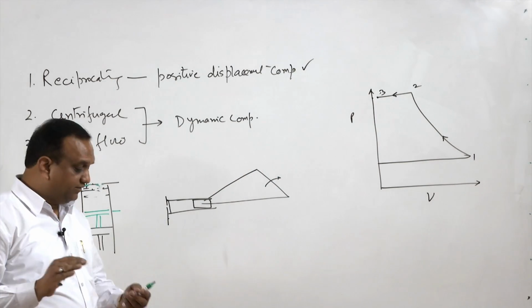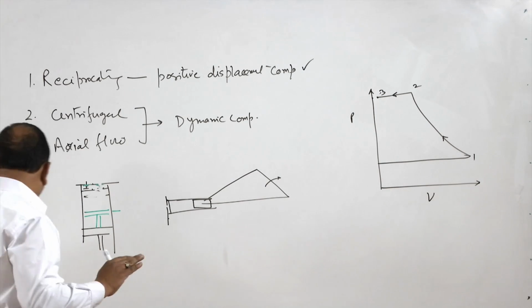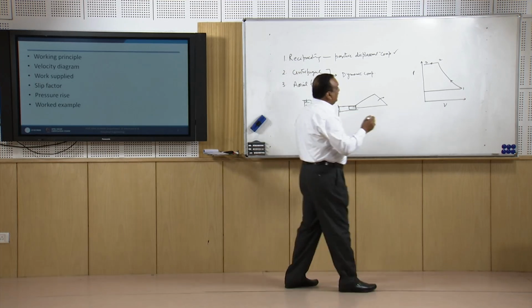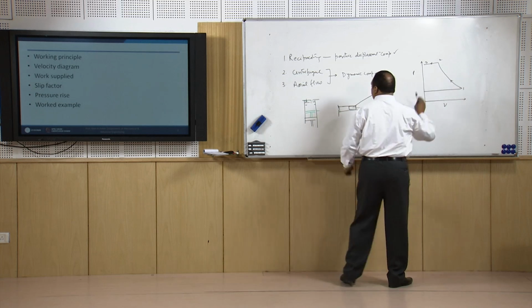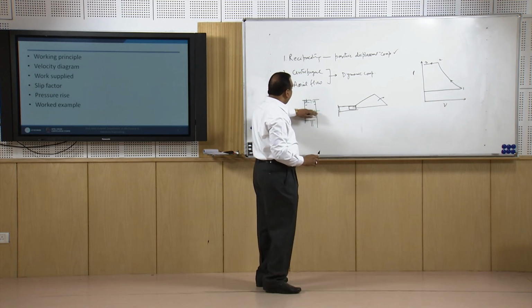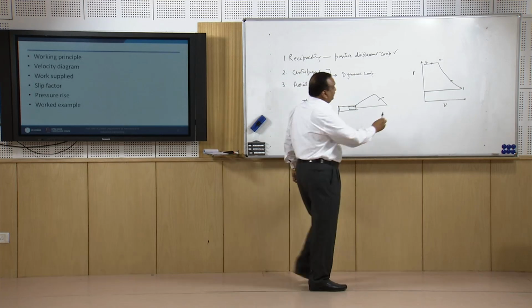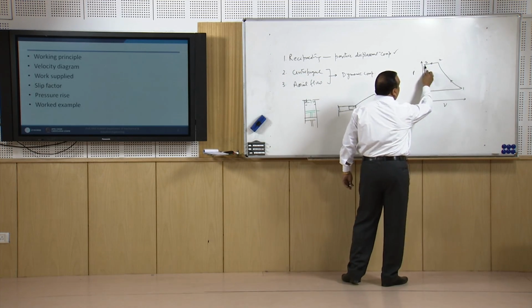It is a constant pressure process for an open system, right. The volume is reducing, and the mass flow is taking place across the system. That is why the volume is reducing.